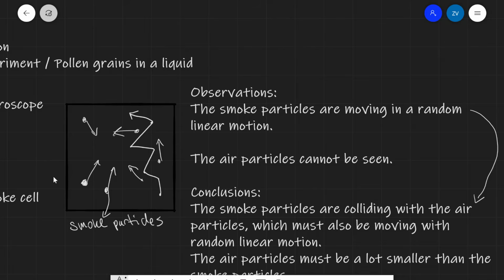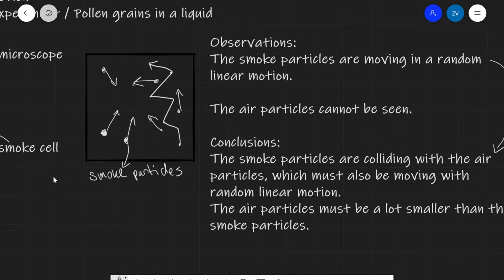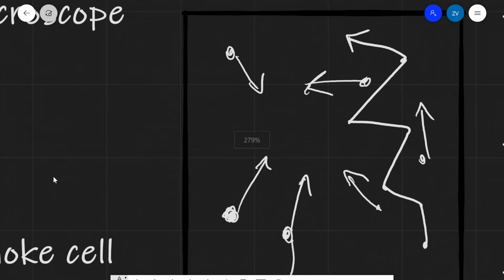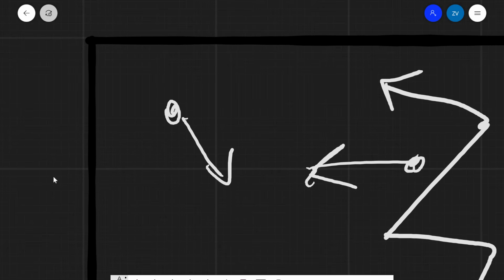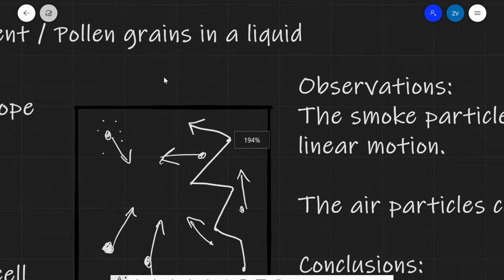If we zoom in quite a bit and imagine this smoke particle, if it is moving randomly, this must be because there are much tinier air particles which are also moving in random linear motion. There must be air particles colliding with it, causing it to move like so.